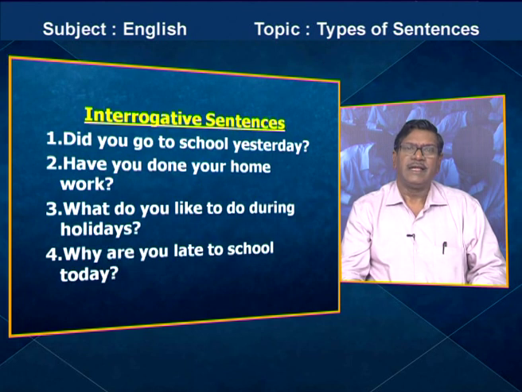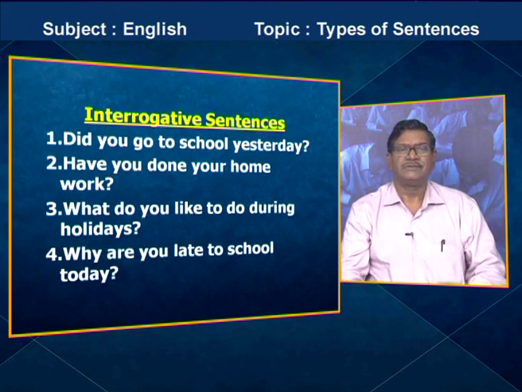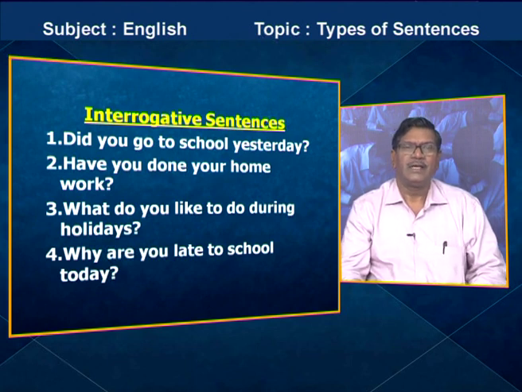Interrogative sentences. The first two, did you go to school yesterday? Have you done your homework? These two start with helping verbs. So, they are yes/no questions. Questions that begin with a helping verb is a yes/no question.